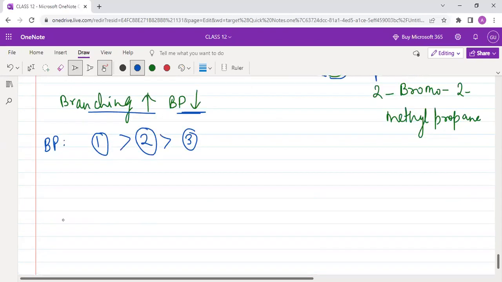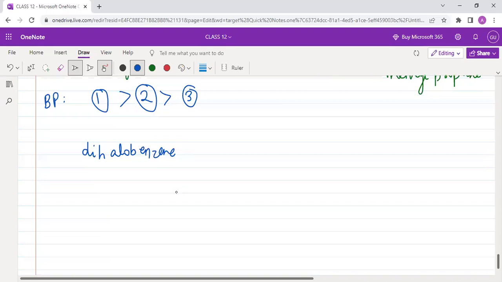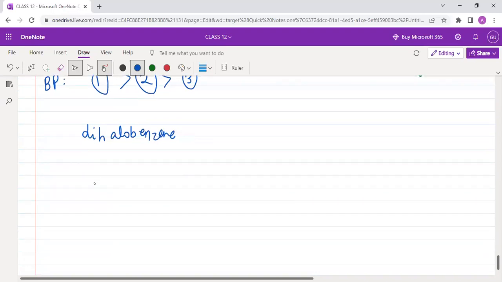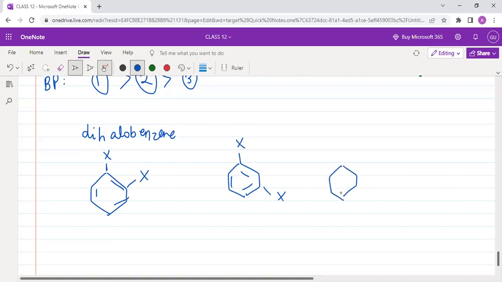Now if I talk about dihalobenzenes, dihalobenzenes means that two halogen atoms are present on the benzene ring. We have the ortho form, 1, 2, the meta form, 1, 3, and the para form, 1, 4.